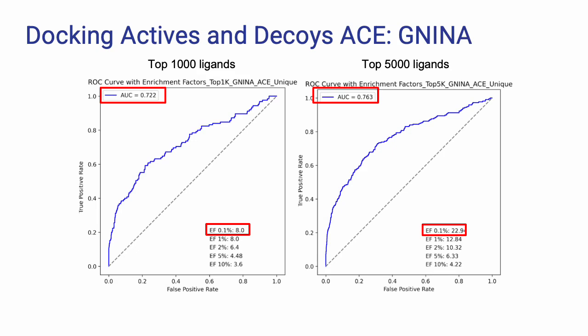For ACE in Nina, it showed similar AUC values of 0.72 and 0.76 for the top 1,000 ligands and top 5,000 ligands, respectively, with EF values of 8.0 and 22.9 for the top 0.1%, again pointing to modest discrimination between actives and decoys and limited enrichment of actives.